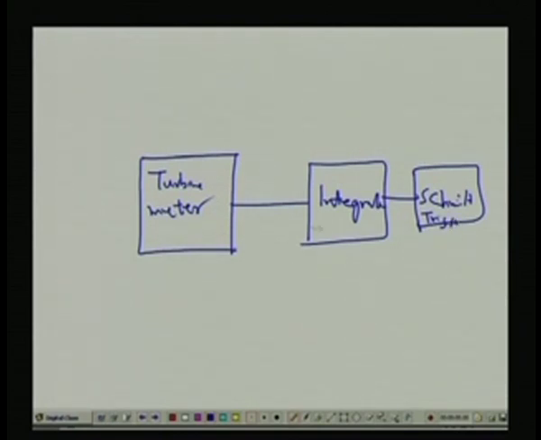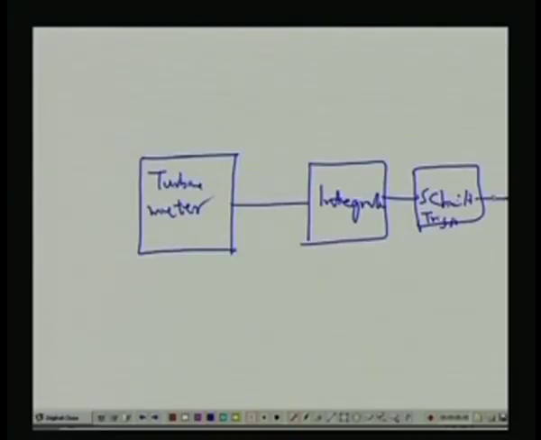What will happen, you see, once you integrate, I will get a constant amplitude signal, okay. I will get a signal which looks like this. The output of the Schmidt trigger is a constant amplitude signal, because the Schmidt trigger is a pulse shaper, as you know. So, I will get a signal that depends only on the frequency, okay.